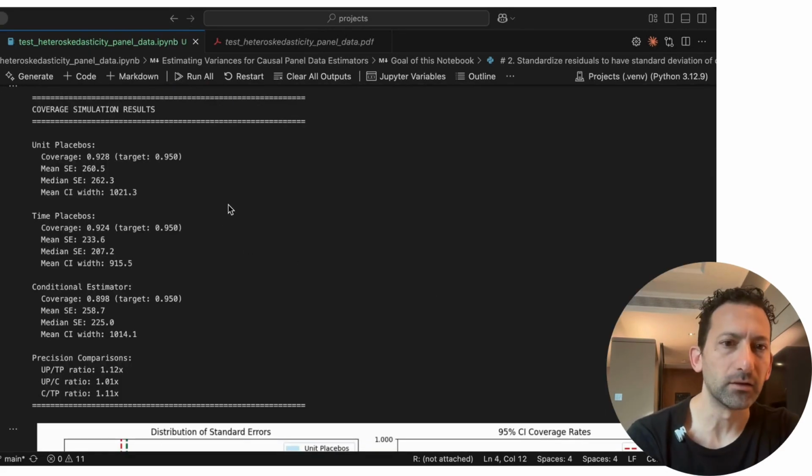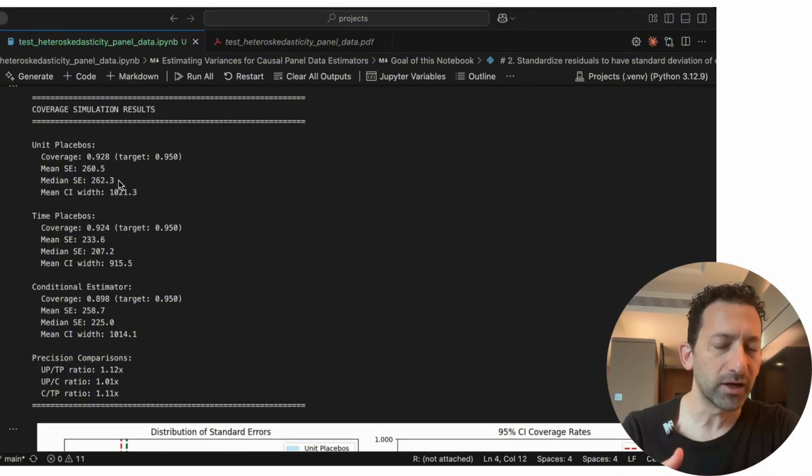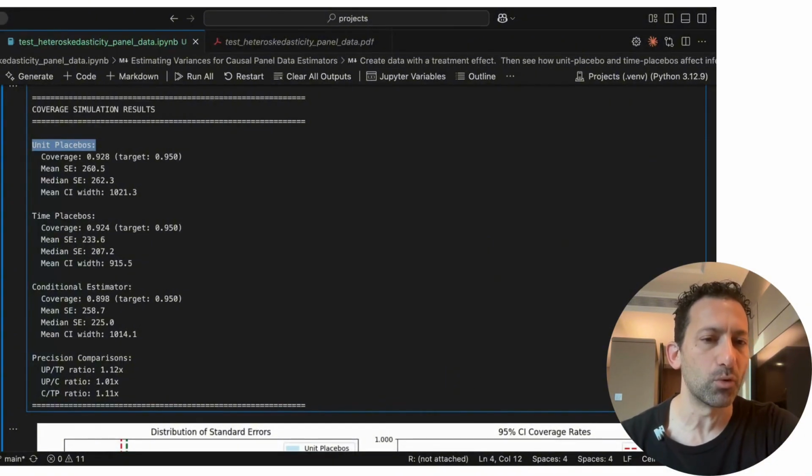And so, not surprisingly, when we run simulations and look at the variance and the standard deviation of those standard error estimates, sure enough, we see that the standard error tends to be higher when we do the unit-based placebos than when we do the time-based placebos. So this is going to give us more statistical power when we do permutation tests along the time dimension than along the unit dimension, when our data has heteroskedasticity more dominant in the geo or the unit dimension than the time.